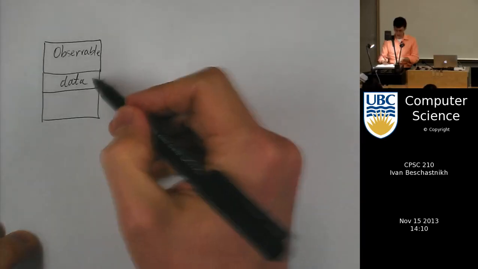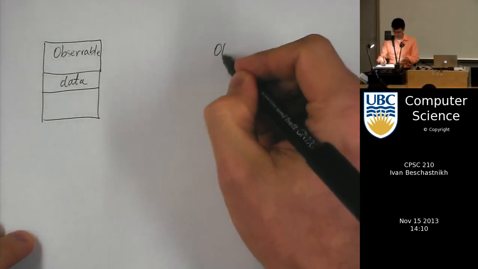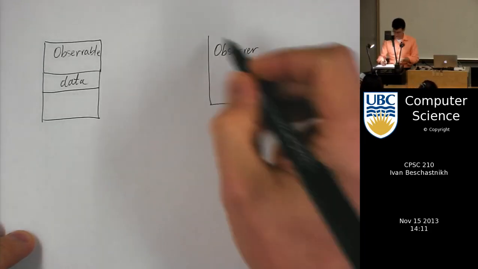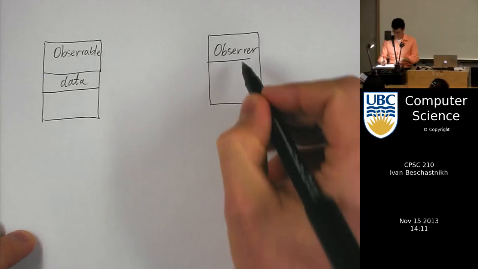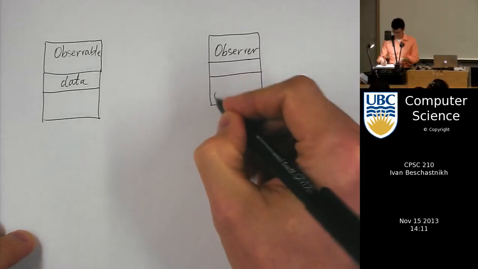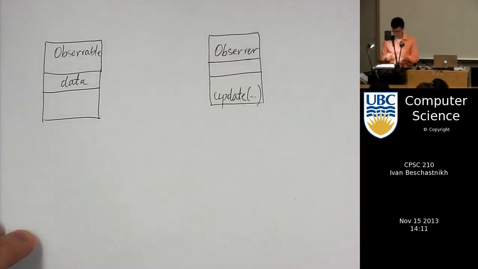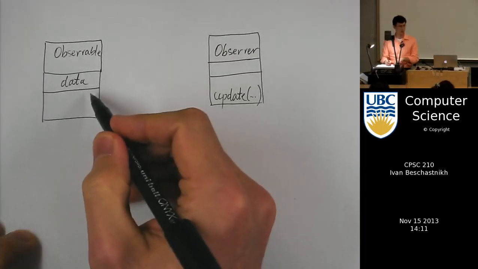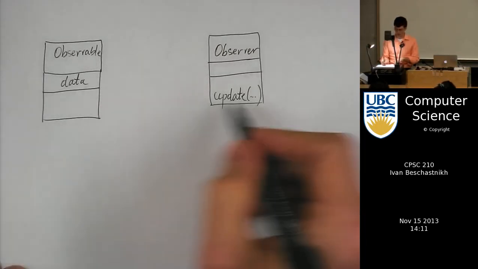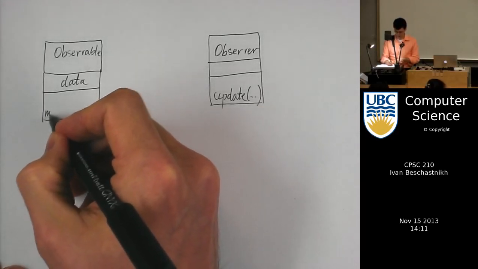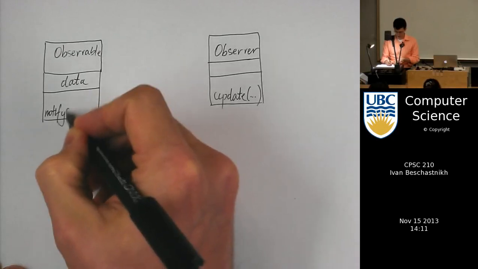So observable maintains some data, and then there's the notion of an observer. An observer has an update method that is called whenever the data is changed. And usually the way you invoke this is by running some method inside of observable, like notify observers.